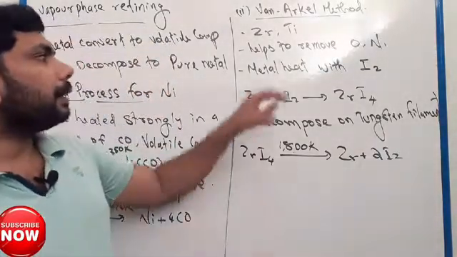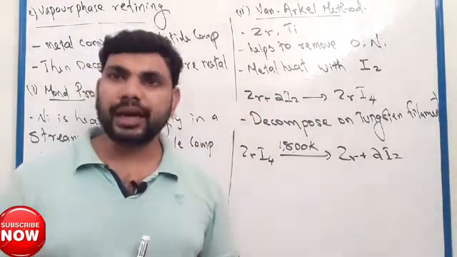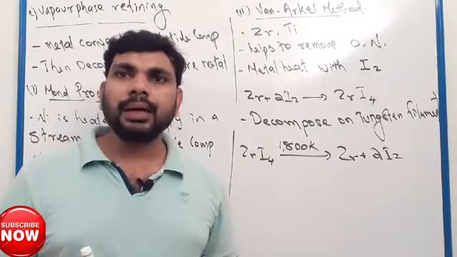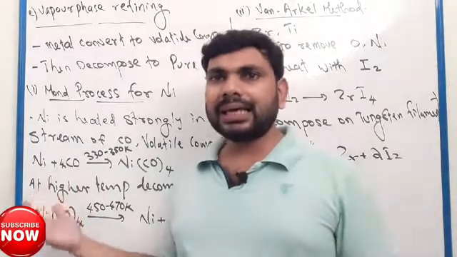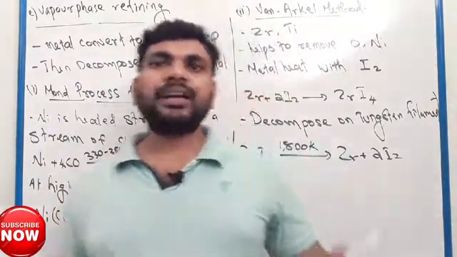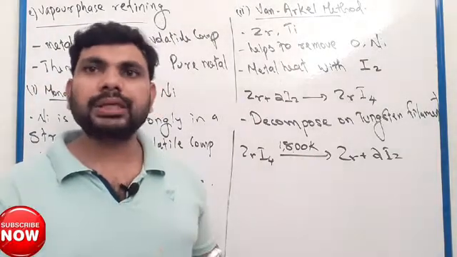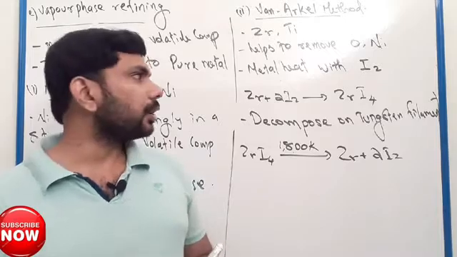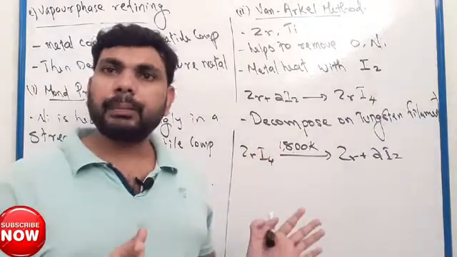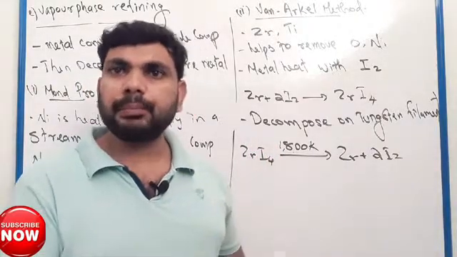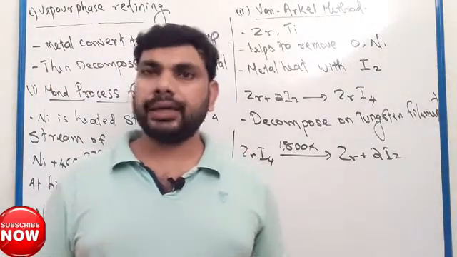Look here, the metal is heated strongly in the presence of iodine and forms metal iodide. In the Mons process, nickel is heated with carbon monoxide, but in the Van Arkel method, zirconium or titanium is heated very strongly with iodine and forms metal iodide.